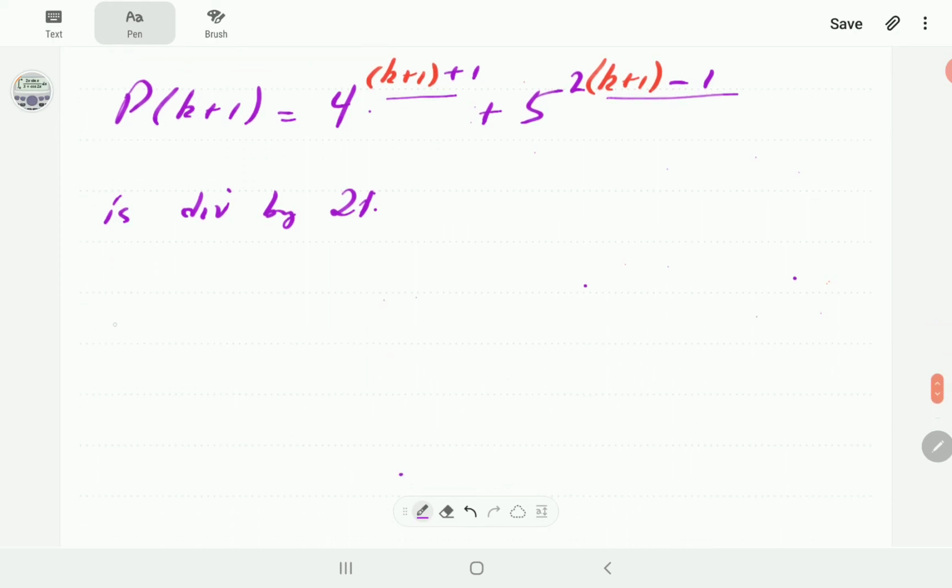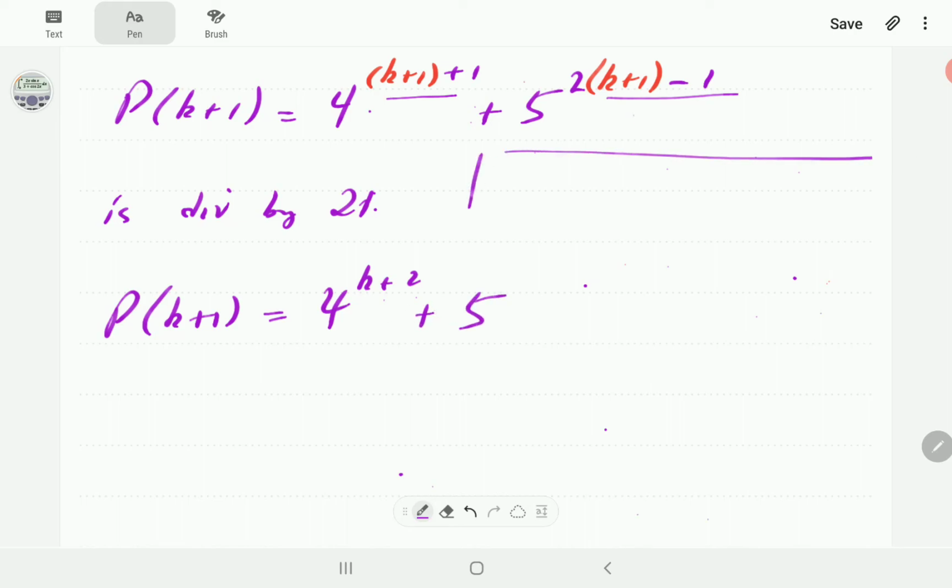So let's do that. So p of k plus 1, remove brackets there, it's going to be k plus 1 plus 1. So that's going to be k plus 2. Okay. And then for this one, if you remove brackets, you're going to have 2k plus 2 minus 1.